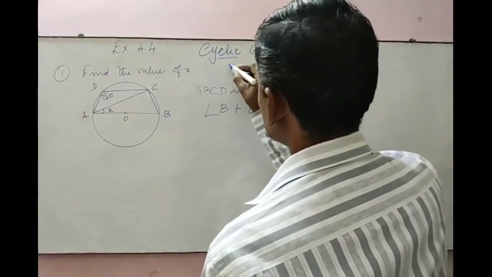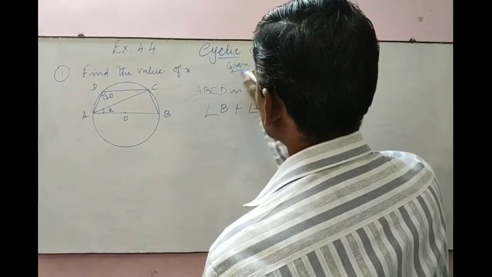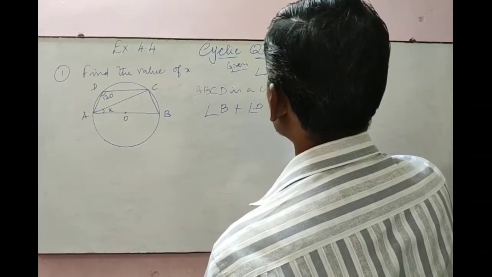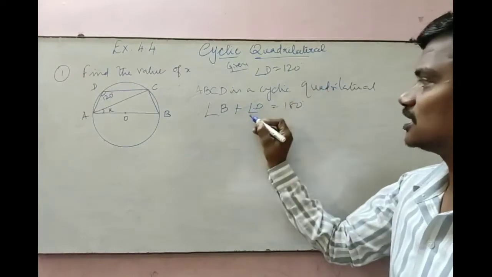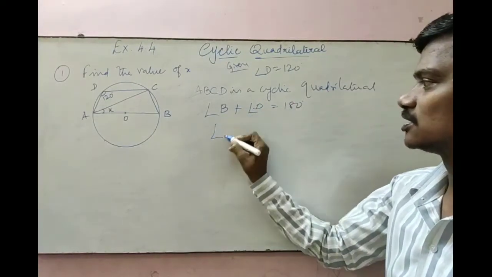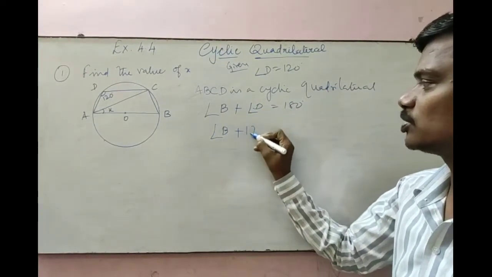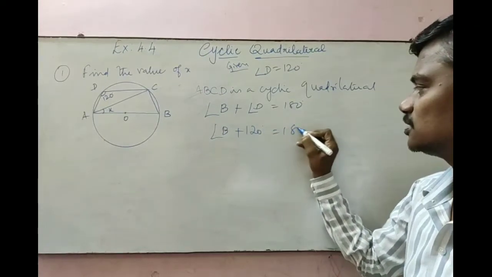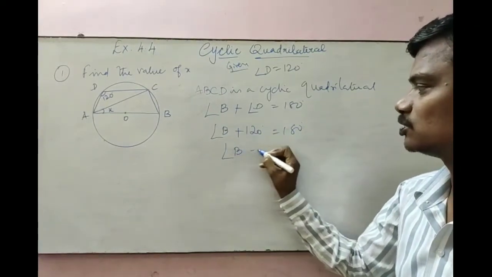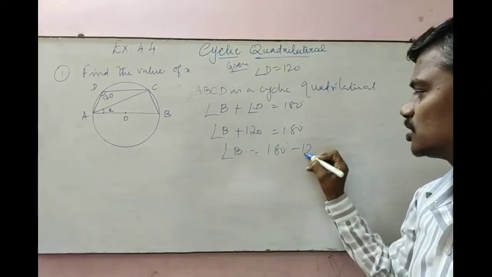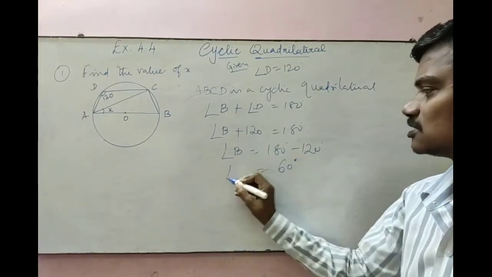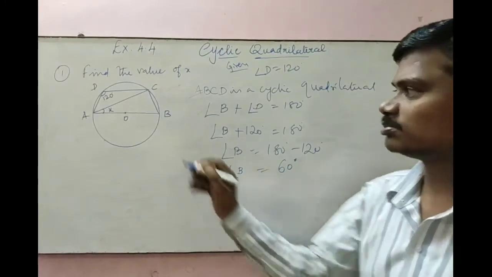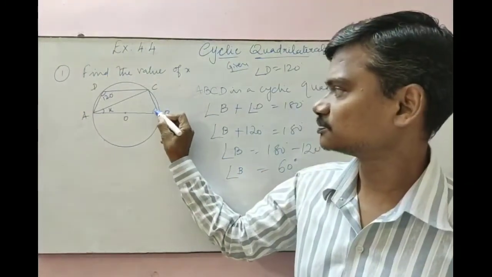Here what is the given angle? Angle D equal to 120 degree is the given angle. If you substitute the angle D as 120 here, you will get angle B plus 120 degree equal to 180. So angle B is equal to 180 degree minus 120, which gives 60 degree. So we get the value of angle B as 60 degree.